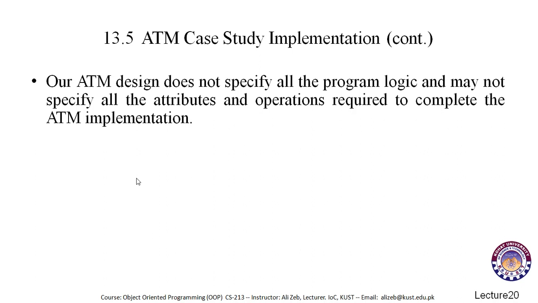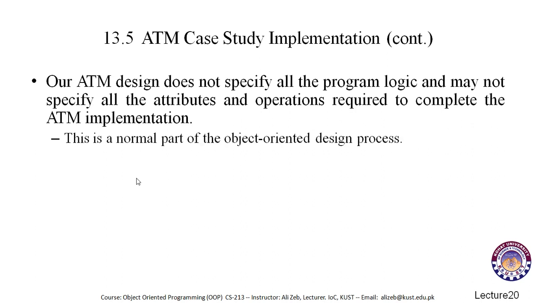Our ATM design does not specify all the program logic and may not specify all the attributes and operations required to complete the ATM implementation. This is a normal part of the object-oriented design process. Any design is supposed to provide you an initial structure that you can follow to develop your system.